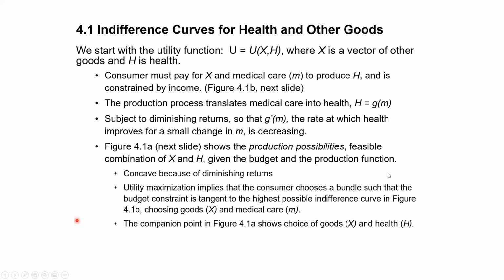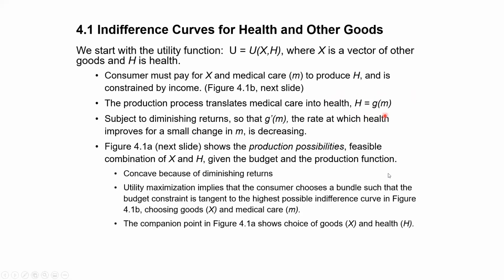So the consumers must pay for X, the vector or collection of goods, and medical care, M, to produce health. It is this combination of X and M that produces health, and this is constrained by income. We will show that later on. So the production process translates medical care into health.